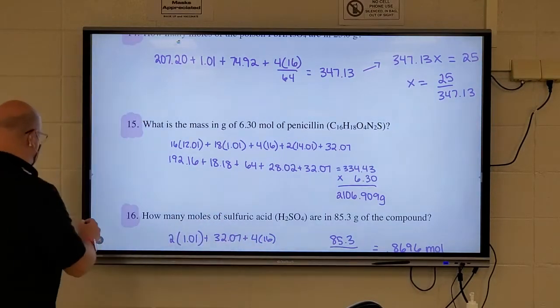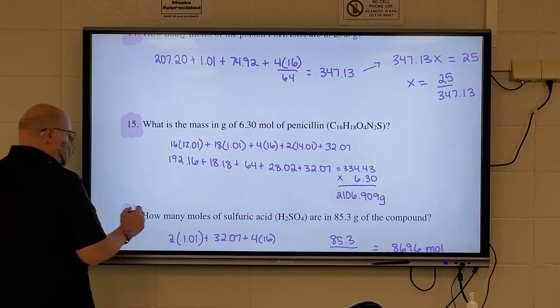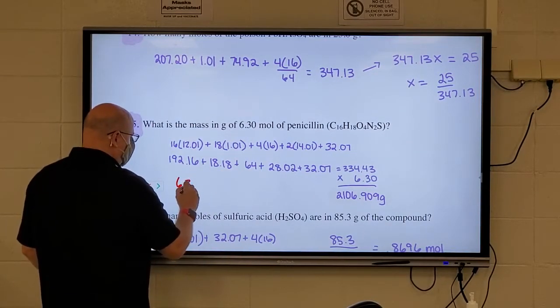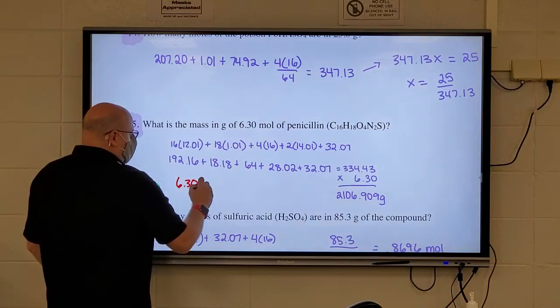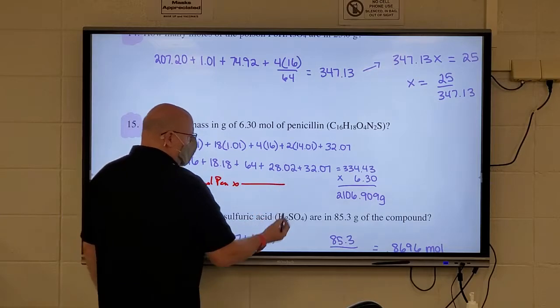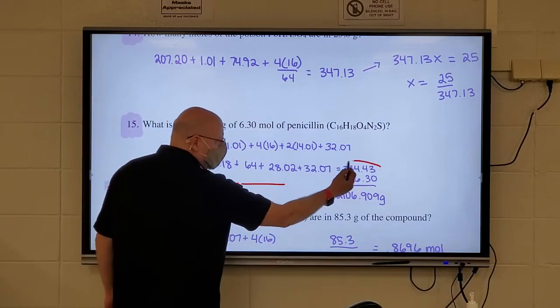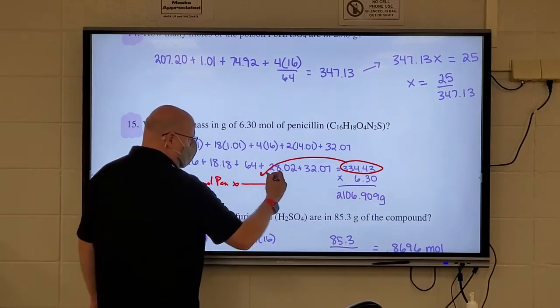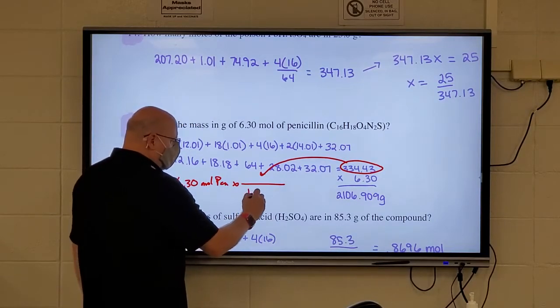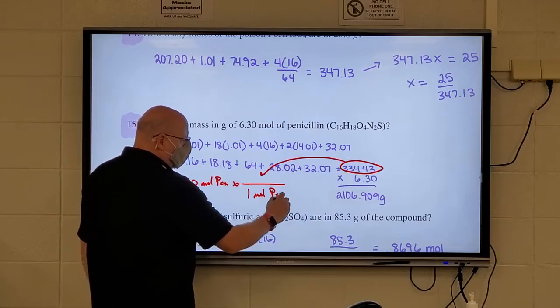So you want to make sure that you're doing that. You're starting off with your 6.30 moles of penicillin times blank, this on top, and then your 1 mole of penicillin on the bottom.